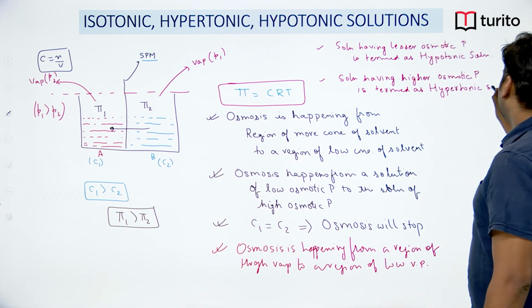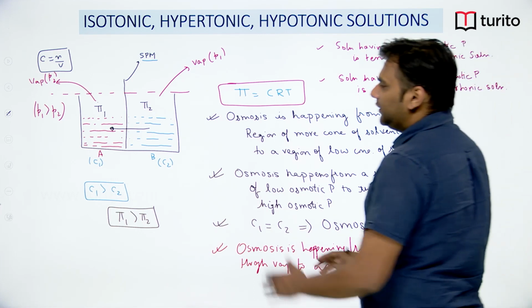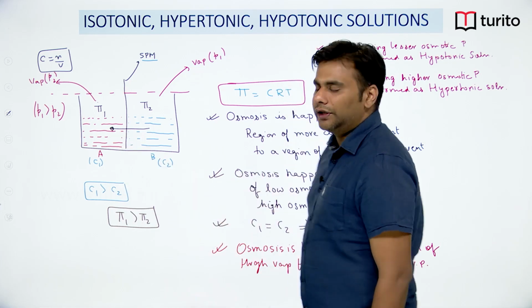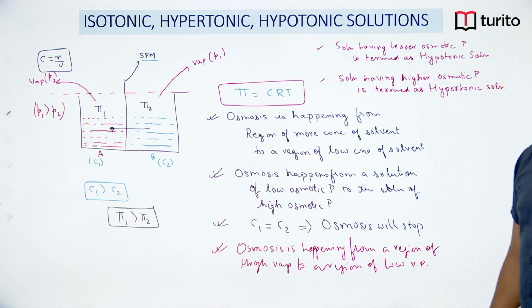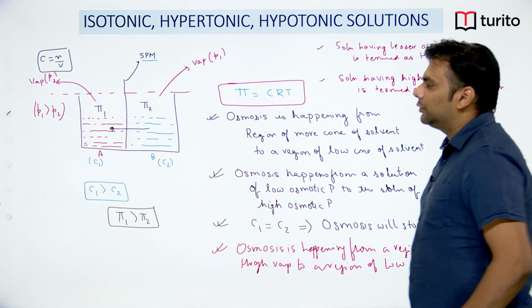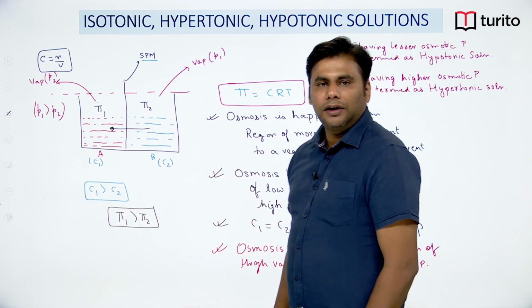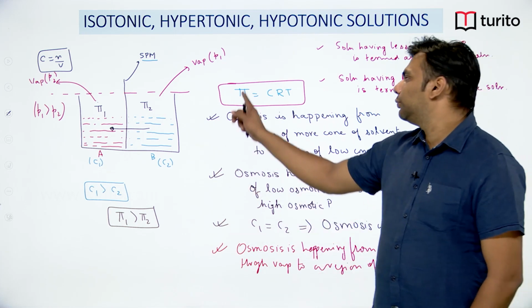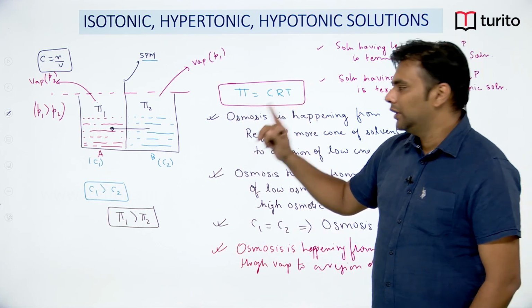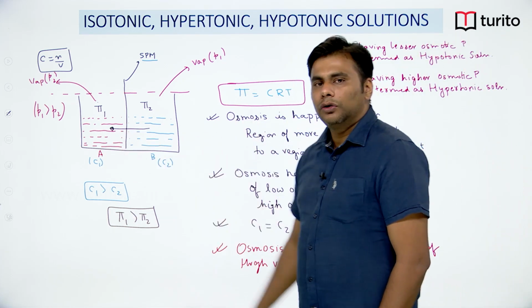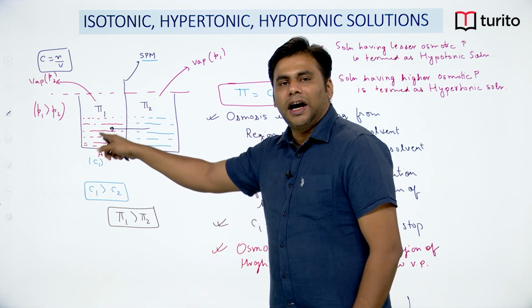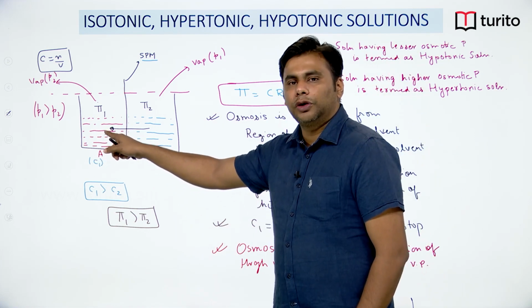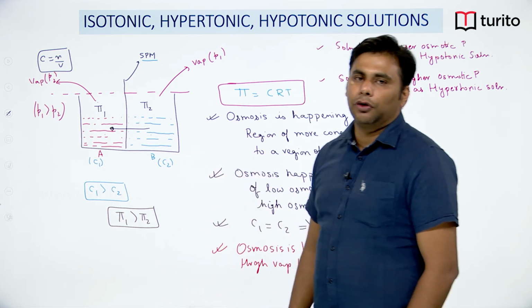Okay, so now we are having two sides A and B. Because the concentration of A side was more than that of B side, and osmotic pressure is equal to CRT, the osmotic pressure at the A side was more, since osmotic pressure is directly proportional to the concentration. So we'll say that this side is hypertonic because it has more osmotic pressure, and this side is hypotonic.